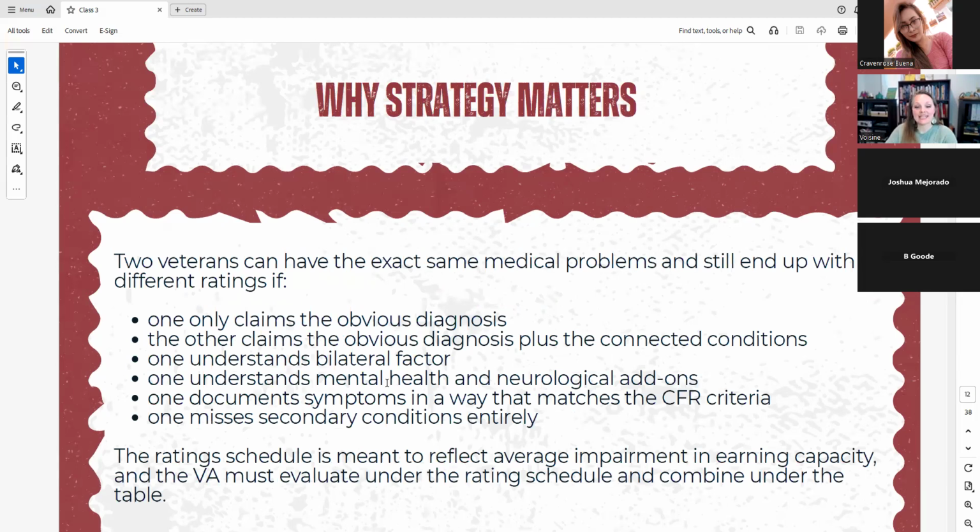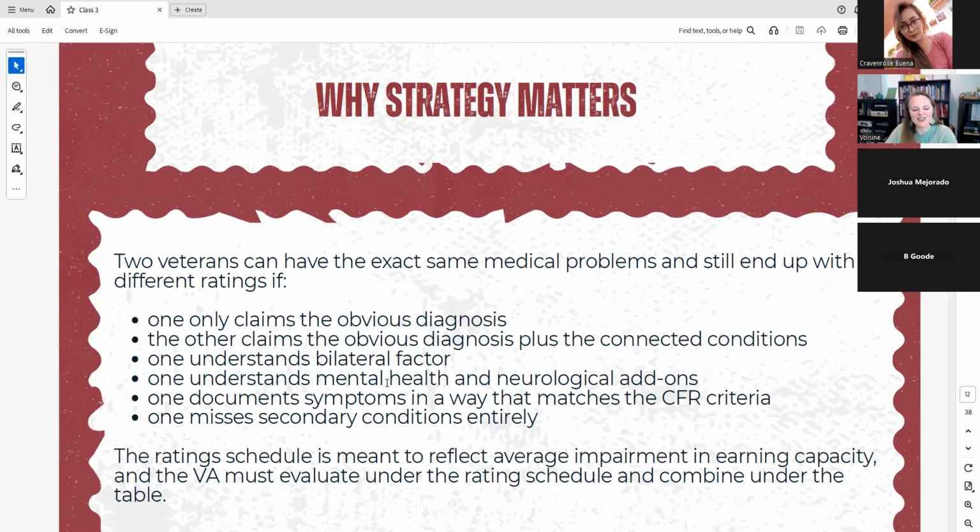Two veterans can have the same exact medical problems and still end up with different ratings. So the one only claims the obvious diagnosis. Let's say you have a back condition. Then the other one might do the obvious diagnosis plus the connected conditions. One understands bilateral factor. One understands mental health and neurological add-ons. One documents symptoms in a way that matches the CFR criteria.